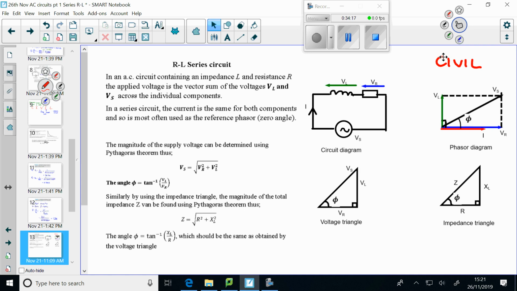Yeah? Okay? So Pythagoras theorem and a little bit of right angle triangle trigonometry will allow us to do those calculations on circuits with resistance and inductance in series.